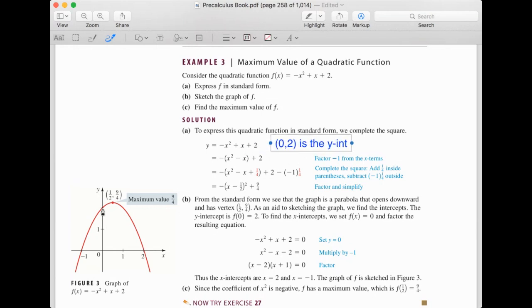So we have these 2 points. At this point, we have this vertex point, and we can graph. But then, how do we find those 2 points? Those 2 points we call roots. So -1 and 2 here, we call roots.